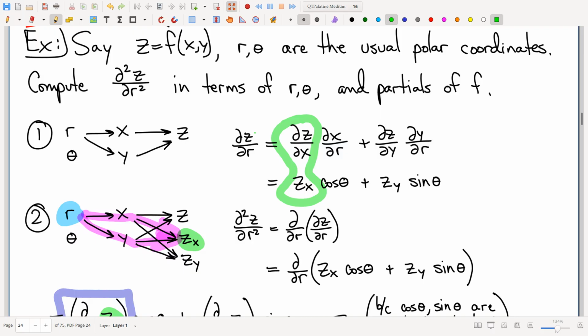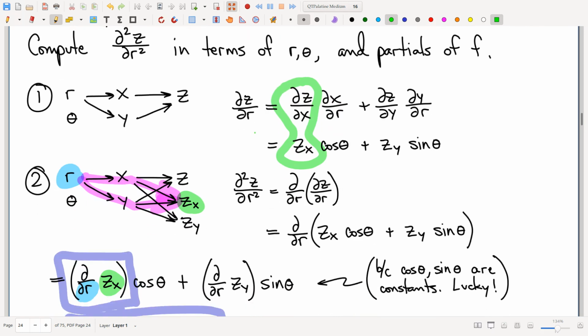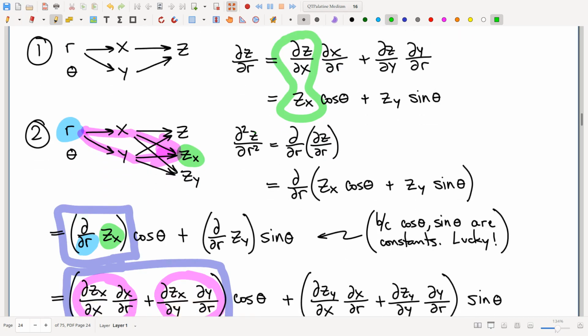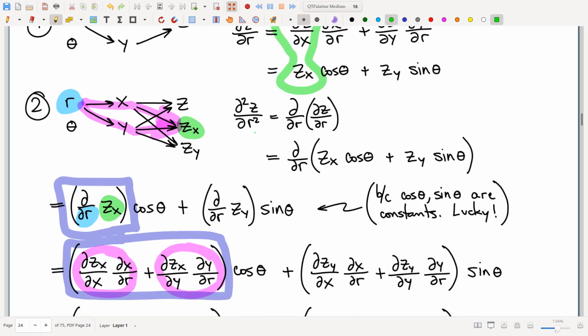So what I'm showing you is how to do that, right? The way you're going to take the partial of ZX with respect to R is recognizing that it's a chain rule problem, and then using the chain rule to write it as things that you can actually crank out.